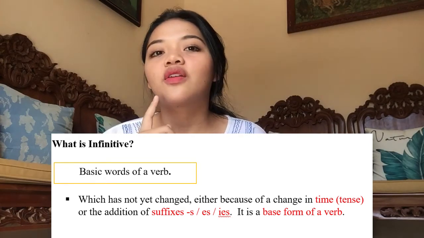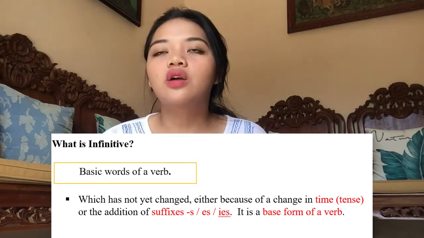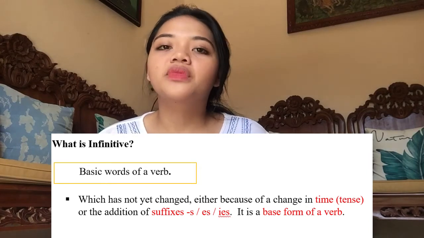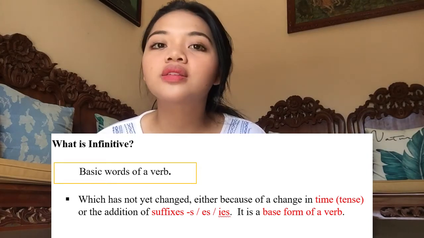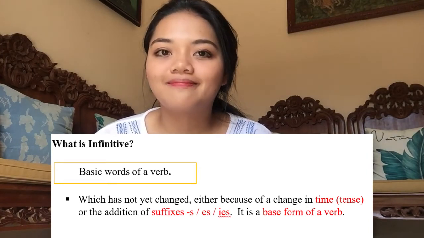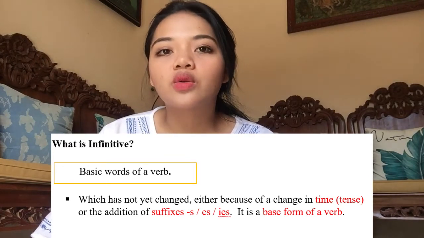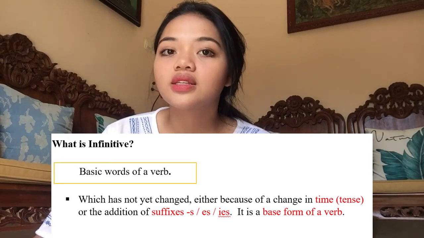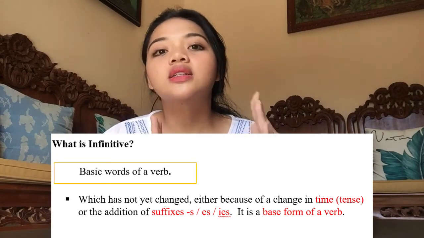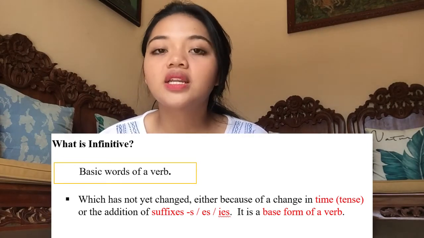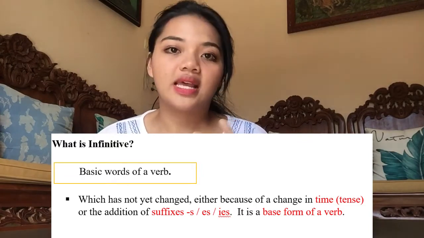It looks like a verb, it is formed from a verb, but it doesn't work as a verb. Interesting. It works as a noun in a sentence. So remember, it doesn't work as a verb, but it works as a noun in a sentence.